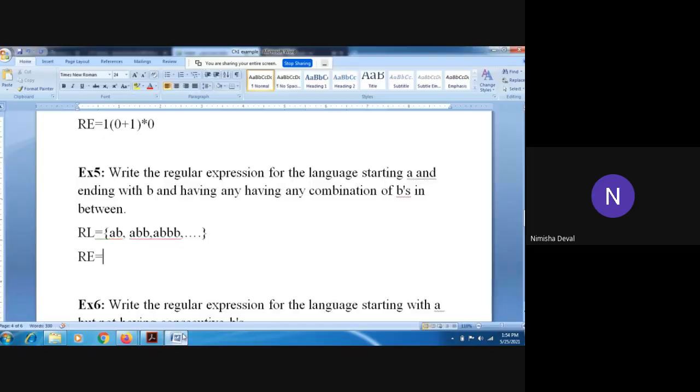Yes, students, I want an answer from you. See, a(a+b)*b. If you are having confusion, then you can mention the brackets, b star b. Or whenever you have much more practice, then there is no need to write the brackets. But if you have written them, it will be well and good, because this practice is very important. Mention them in the brackets. Okay, so this is the regular expression for the given statement.